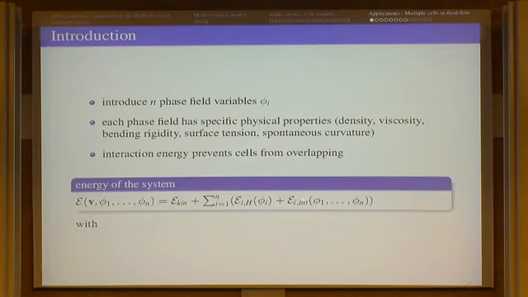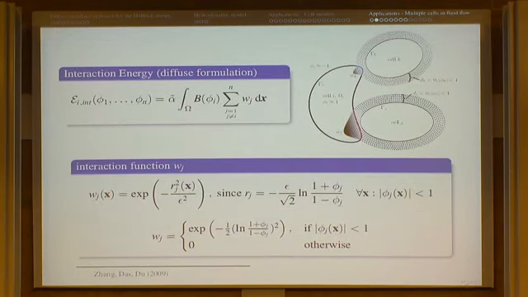And then we consider the energy of our system, which now consists of a vector of phase field variables, denoted by the sum over i. And we have here again the Helfrich energy, and here the interaction energy.